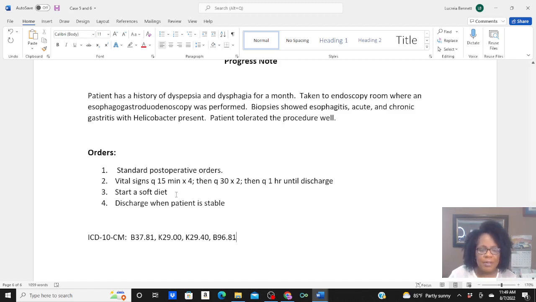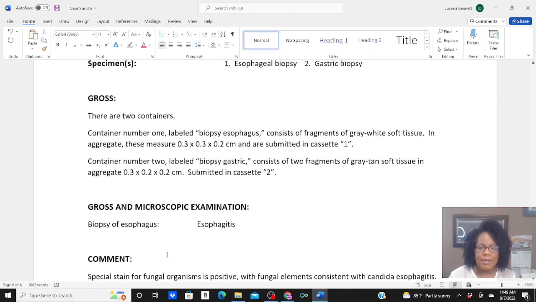So hopefully you picked up all of these. And then your CPT for the EGD, 43239. Now I would also add to my diagnoses, patient had hypertension, I10, and patient also has diabetes, E11.9, because it stated that up here in the H&P.